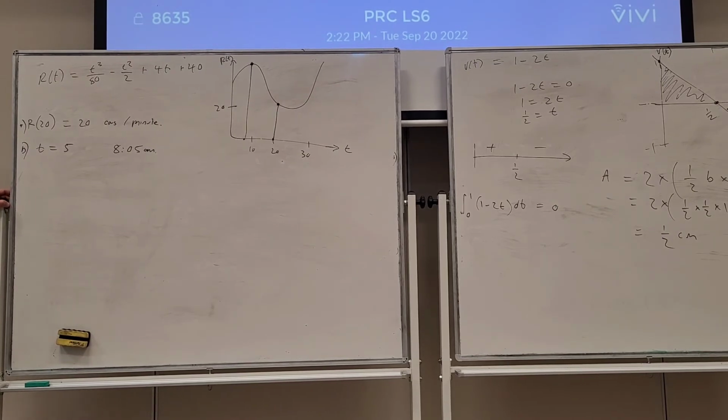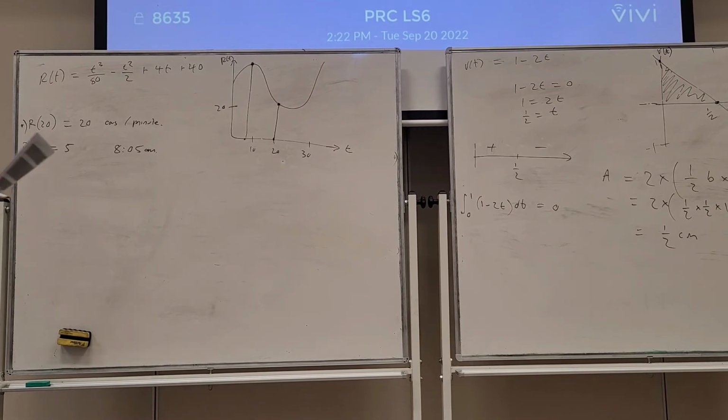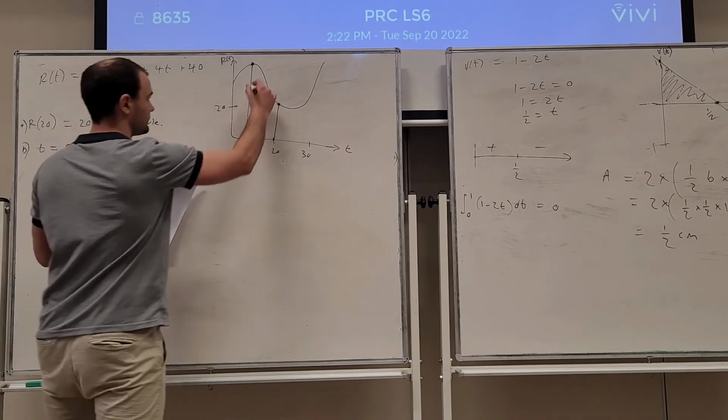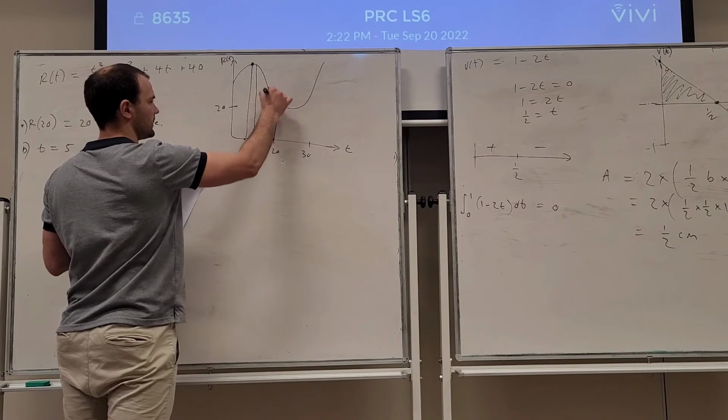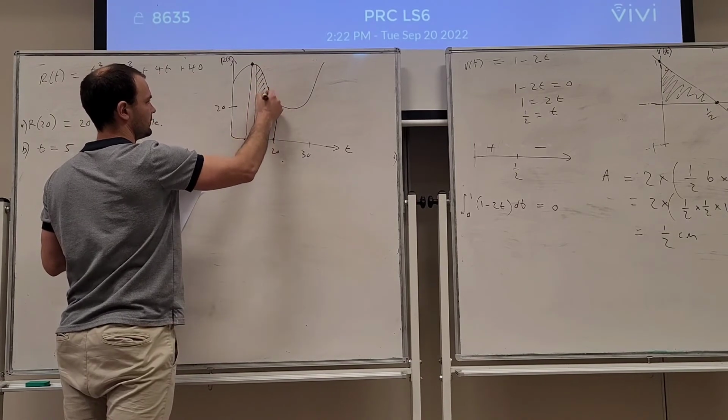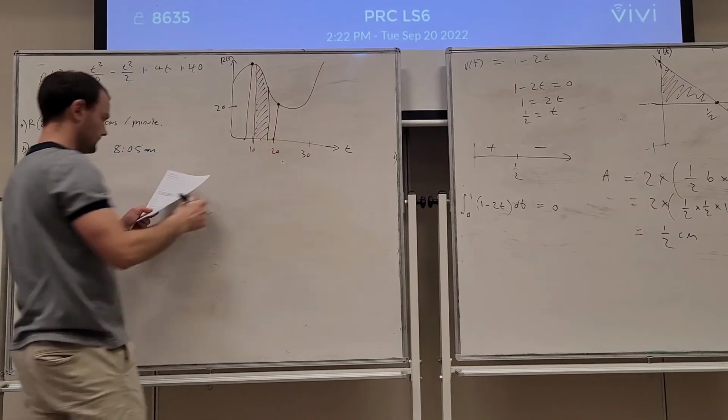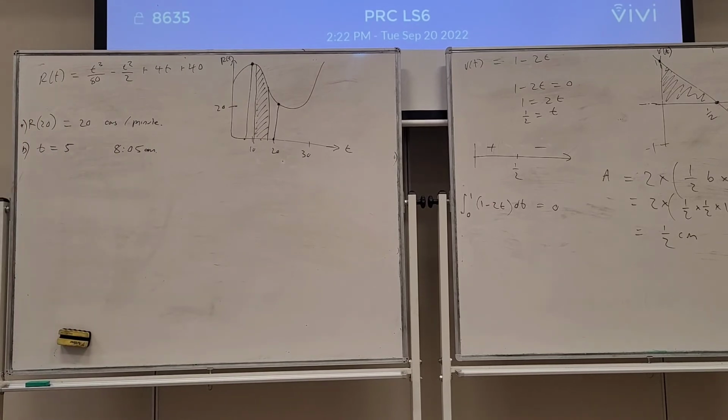Alright, shade the region corresponding to the integral from 10 to 15 of R of t. So that's from here to here. We're just going to shade it. Explain what this region represents. If you calculate that area, we have a rate function. Area under a rate is always a quantity.